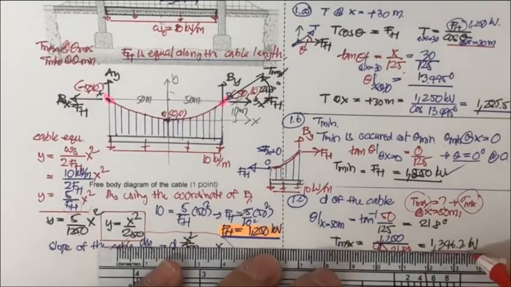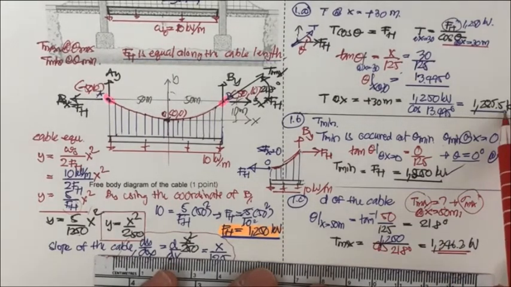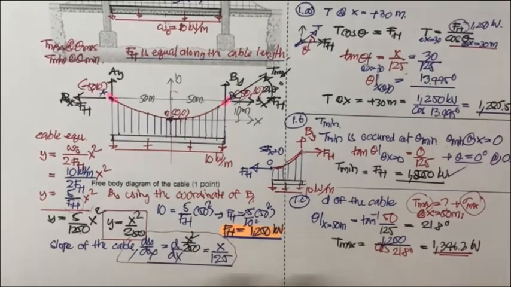That is going to be the maximum, right? Because the minimum is 1250, and at 30 it is in between, 1285.5.